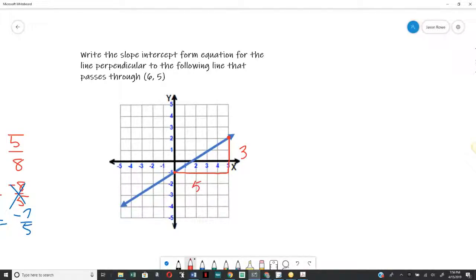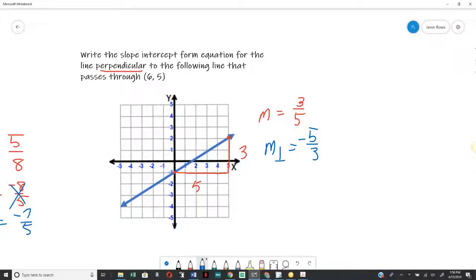So that means the slope of the line is 3/5. Now remember, we want to write the perpendicular line. So I can't use 3/5. I have to use its perpendicular slope. Remember, it's an opposite reciprocal. So we're going to find the reciprocal and change the sign. So my perpendicular slope will be -5/3.